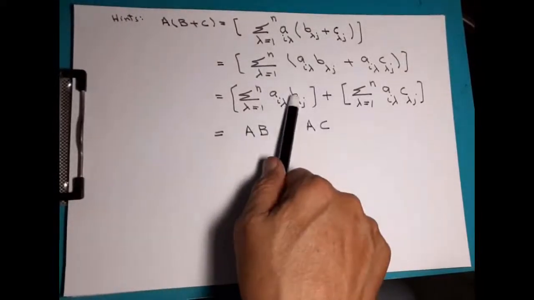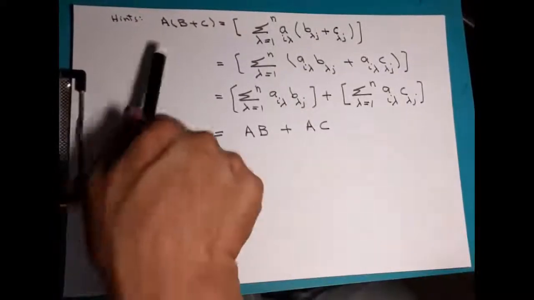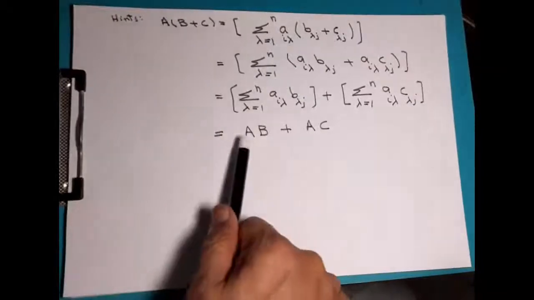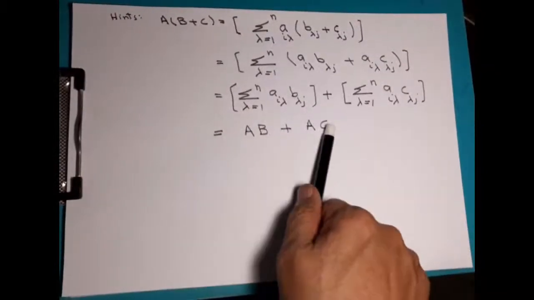This is the product AB, and this is the product AC. So A multiplied with B plus C is equal to AB plus AC.